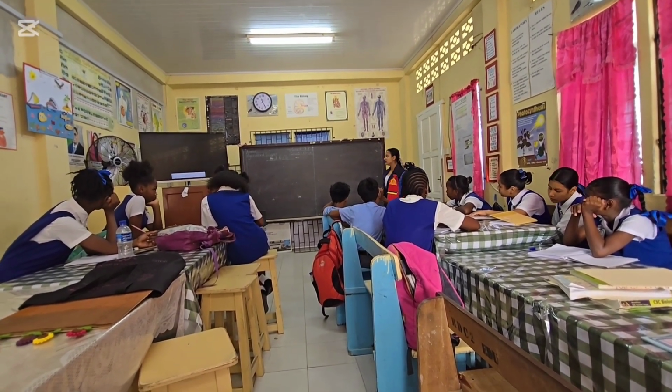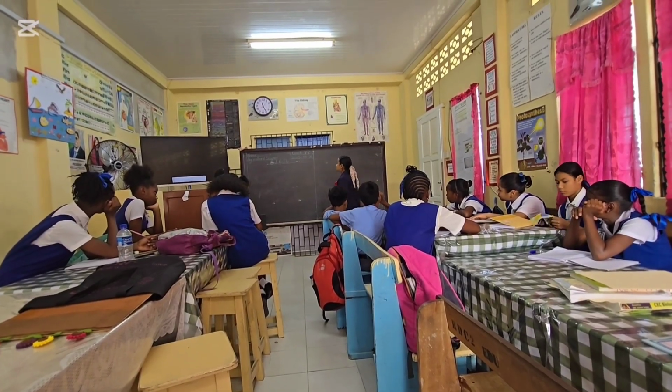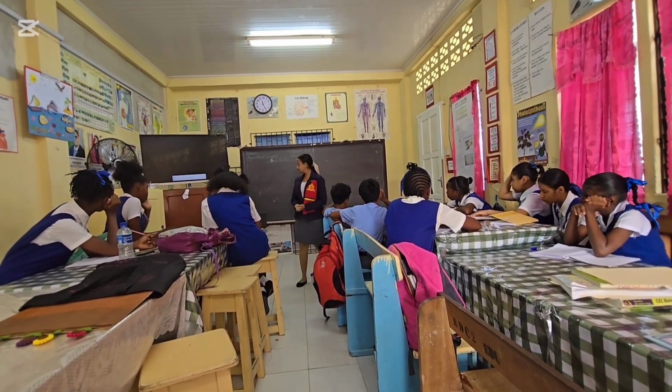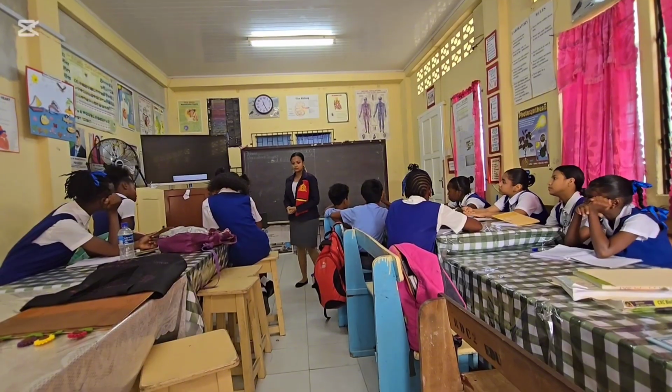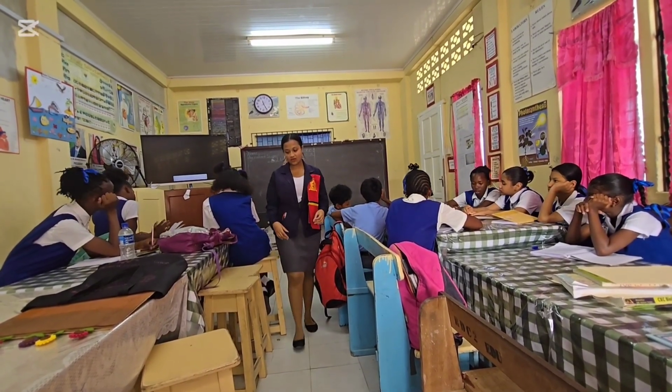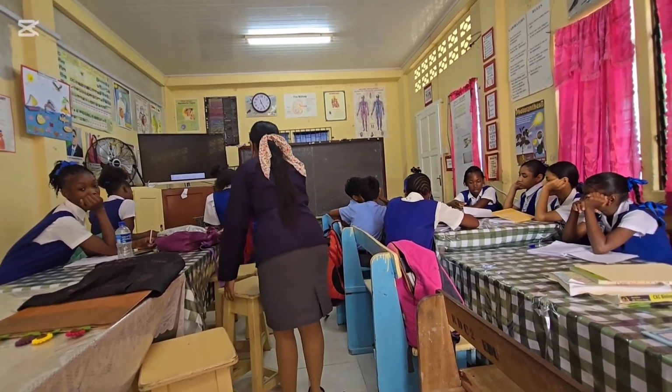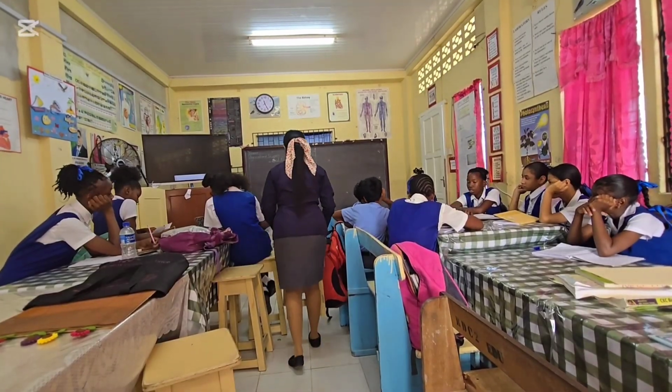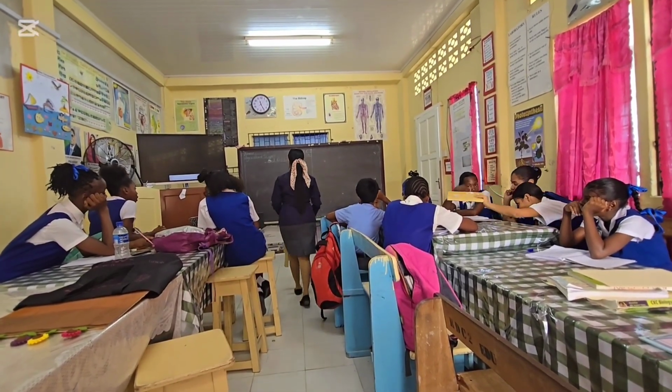So how many layers do you think the soil profile has? One layer? Four. Four?